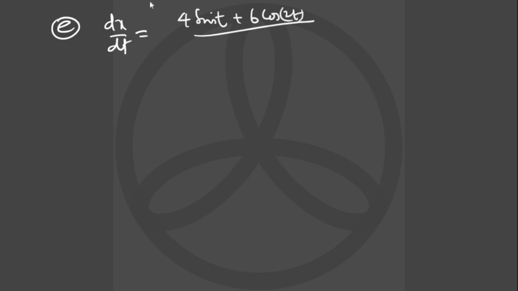D is solved. Then we come to the last one, which is E. The last one is dx over dt is equal to 4 sine t plus 6 cos of 2t divided by x.